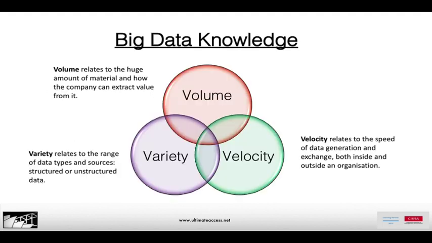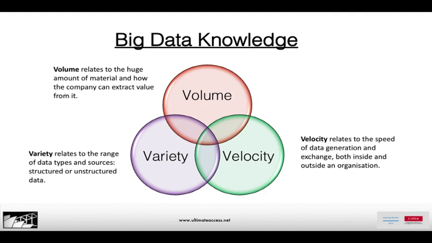So what do we know about big data? A little bit of big data knowledge is that big data are large sets of data that are analyzed so that we are able to reveal patterns or trends or associations with regards to human behavior as well as interaction.